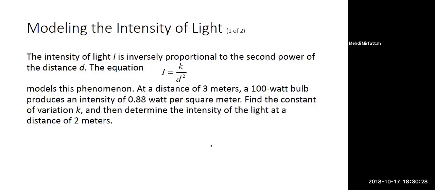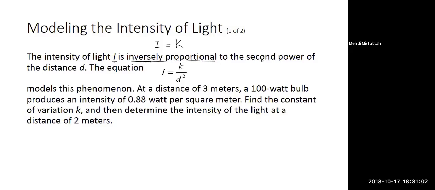So let's move on to this example. The intensity of light, I, is inversely proportional to the second power of the distance d. Let's see if we can come up with the formula here. When it's inverse to direct proportion, there's some factor k involved.